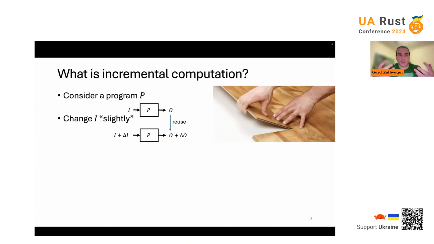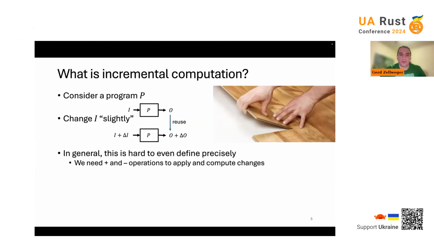But if we wanted to make it incremental, what it would look like is we would have a program that, once we computed the first output from the input I, we would want to reuse that output. And if we change the input slightly, adding a delta I here, the program would compute the changes to the output for us, right? So that's in essence incremental computation. And this can be much more efficient rather than computing the full output every time again.